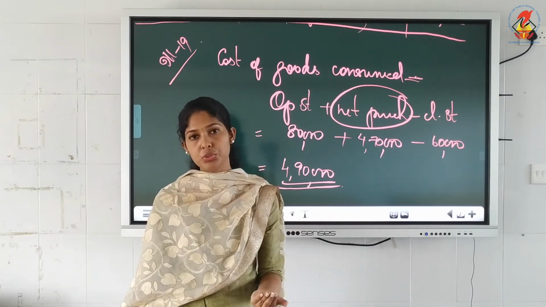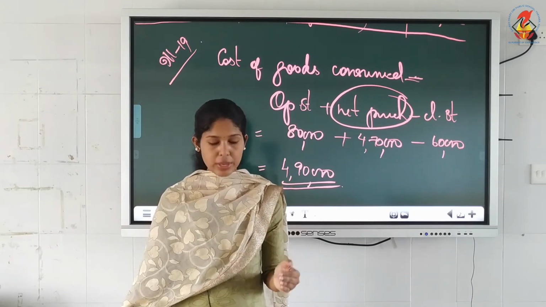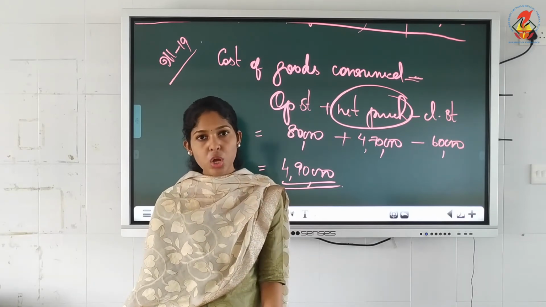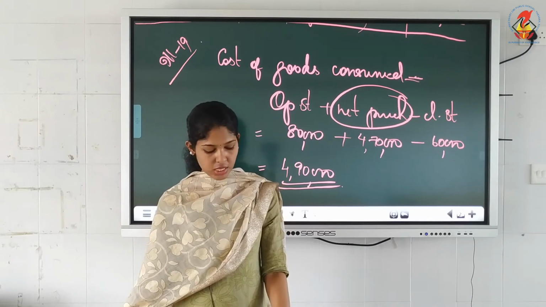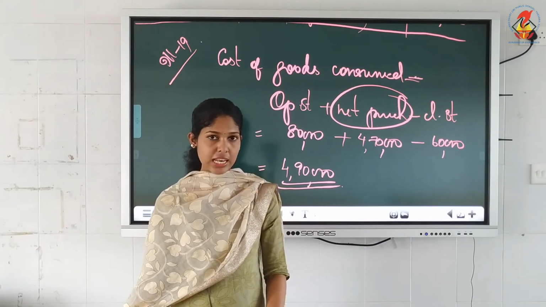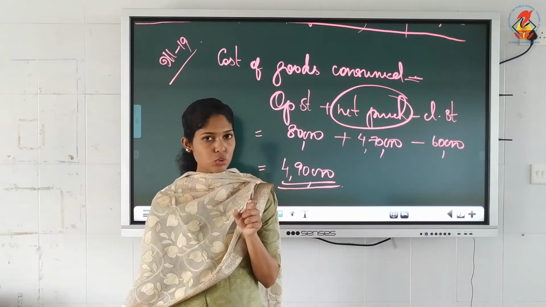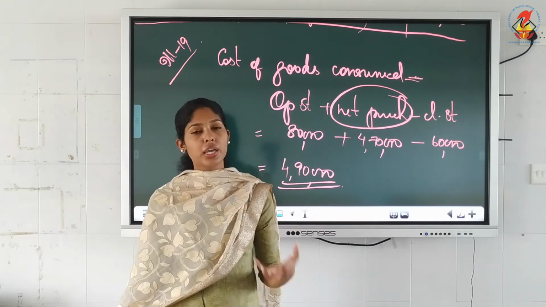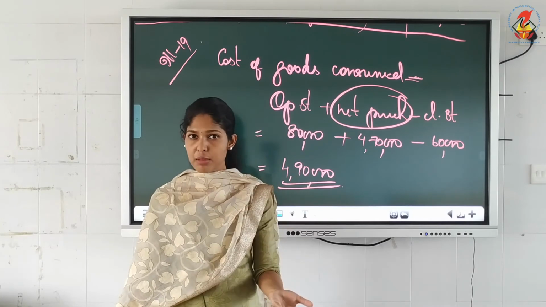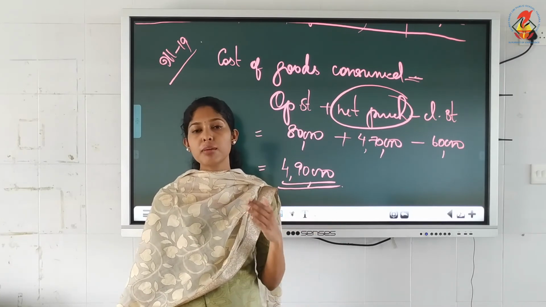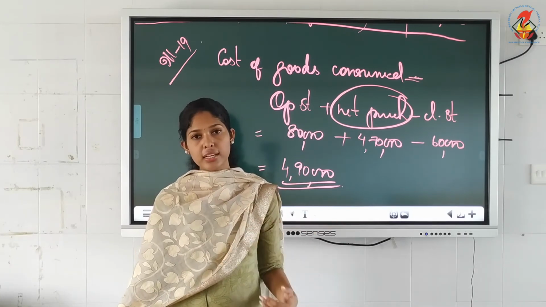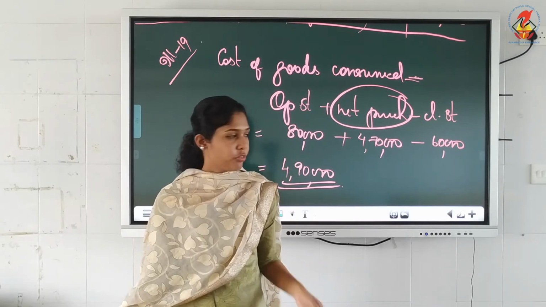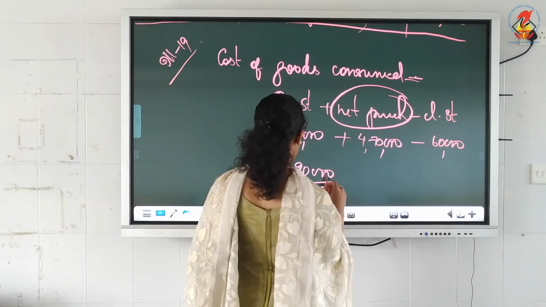So that 28 lakhs on the payment side is the paid amount. It is not the purchases value. You have to take it as the paid amount, which you have to write as to bank. That means you have to first do the creditors account.